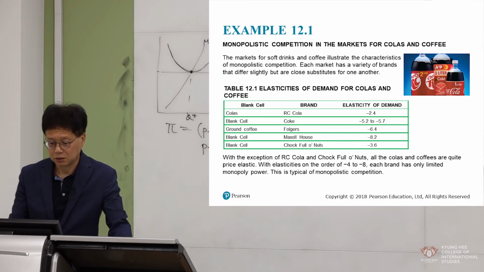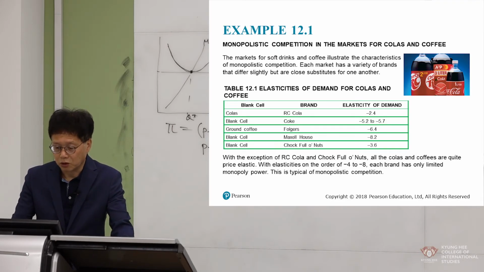So, example 12.1. Monopolistic competition in the market for Cokes and coffee. The market for soft drinks and coffee illustrates the characteristics of monopolistic competition. Each market has a variety of brands that differ slightly but are close substitutes for one another. Now look at this. The price elasticity of demand is very large, minus 5.2, minus 8.2 like this.